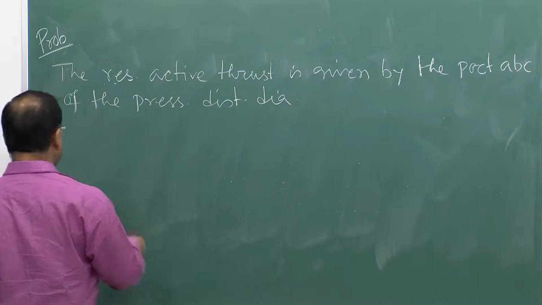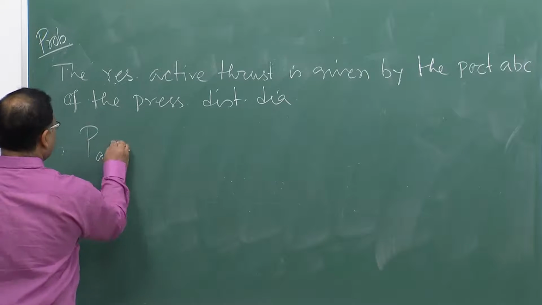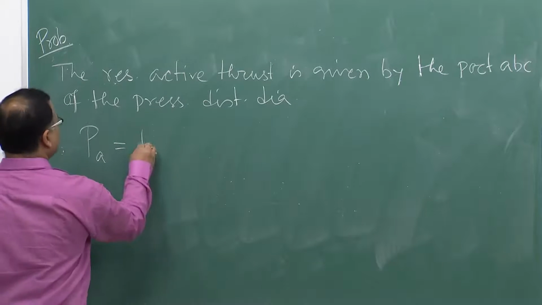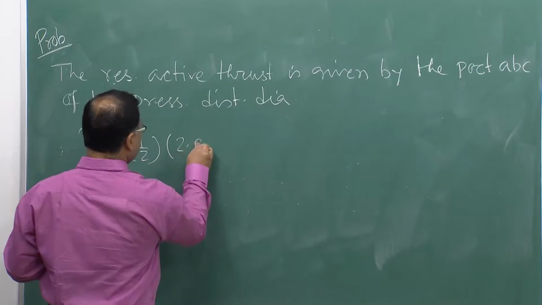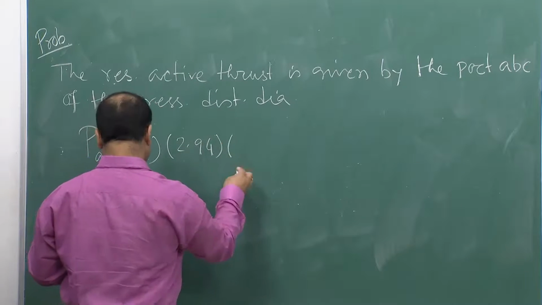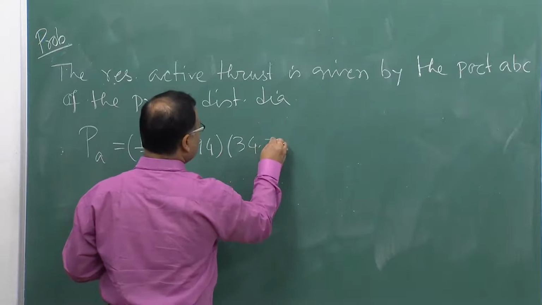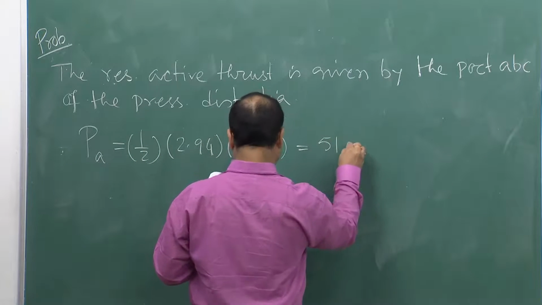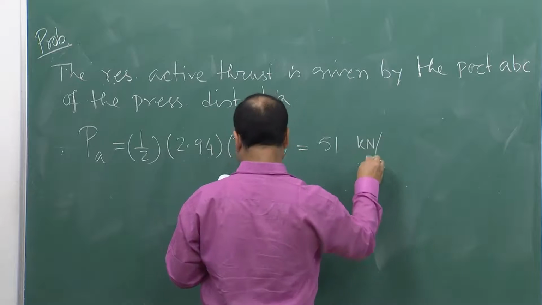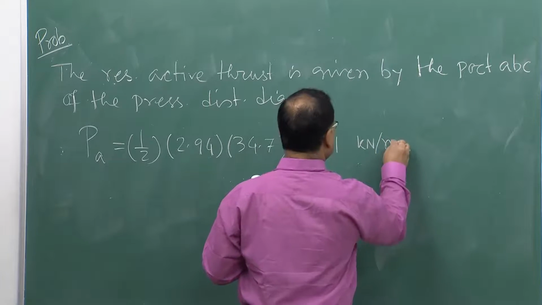Once this part is ignored, this whole area will be acting as the total thrust on the wall. So, that is coming as PA is half into 2.94 into 34.7 is equal to 51 kilonewton per meter run.